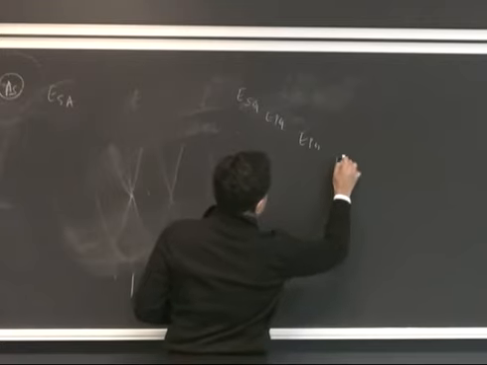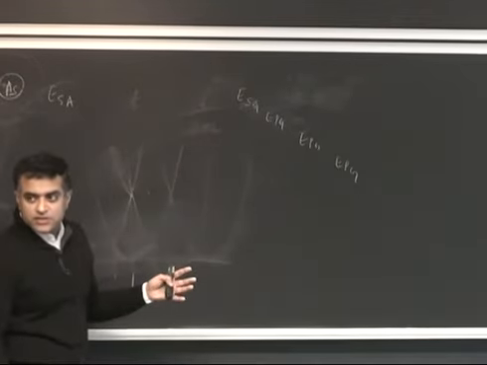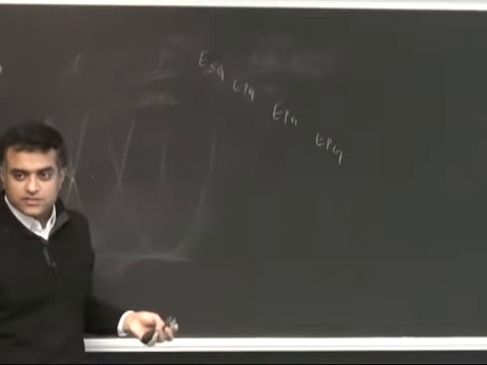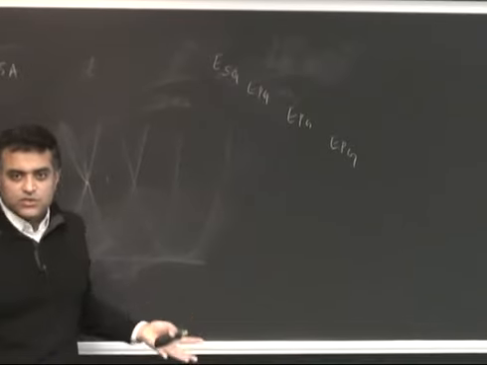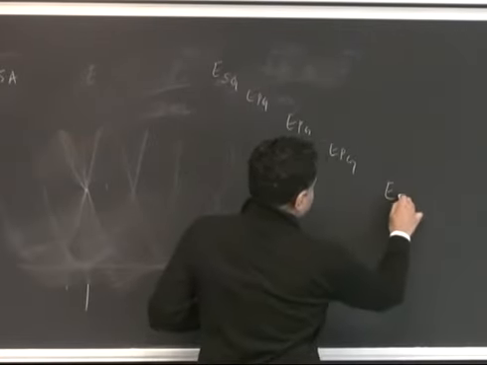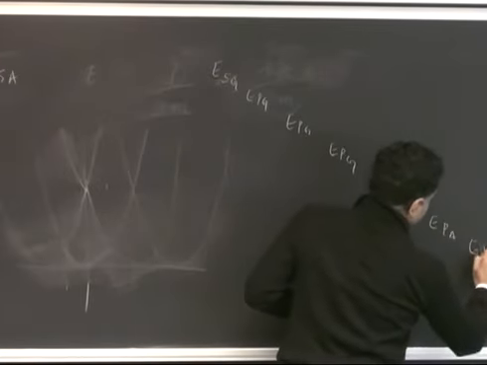There are 3 of them. That's the gallium atom. If there was no arsenic, this would be your entire matrix, and there would be zeros everywhere around. Does this make sense? These are the 4 states of the gallium. Similarly, arsenic: Es of arsenic, Ep of arsenic, Ep of arsenic.